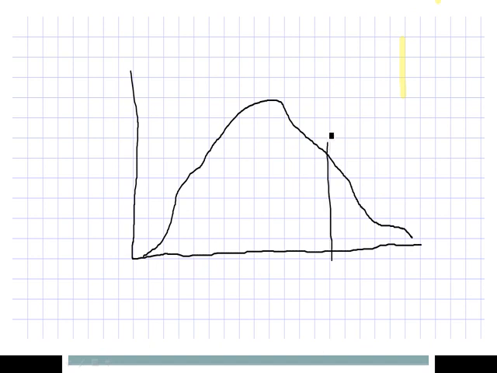A z-score of +1 is going to be here, and a z-score of -1 is going to be down here. If I shade in the body for a z-score of positive 1, we looked it up in the back of the book. We know that what I just shaded in corresponds to a probability of 0.84.